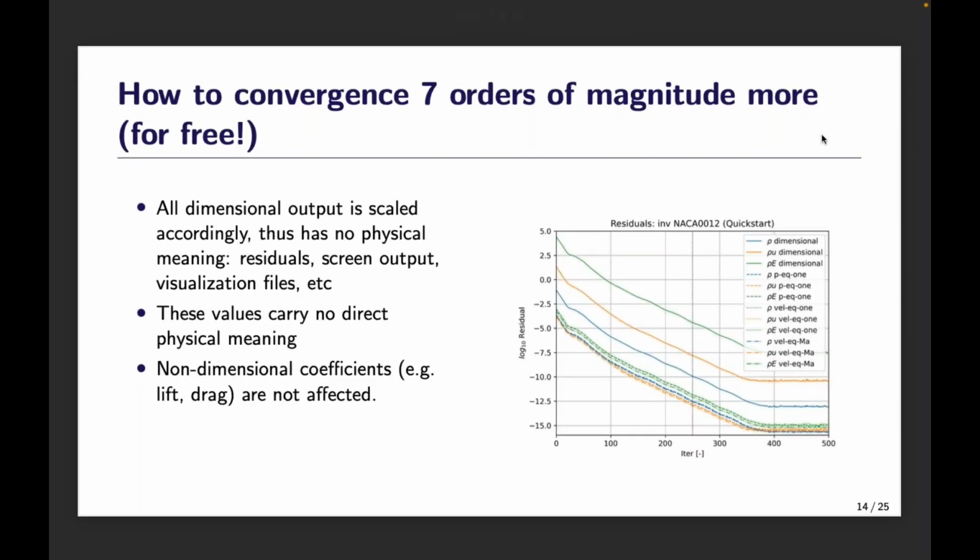And just for the sake of completeness, because it's a compressible case, we have certain types of non-dimensionalization. So we can set the pressure in the far field to 1, we can set the velocity to 1, or the velocity equal to the Mach number.